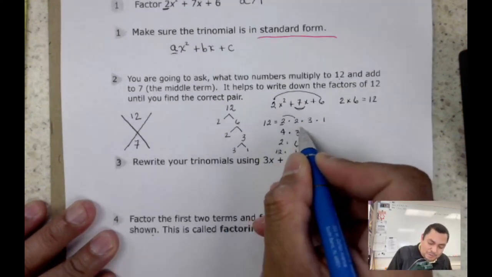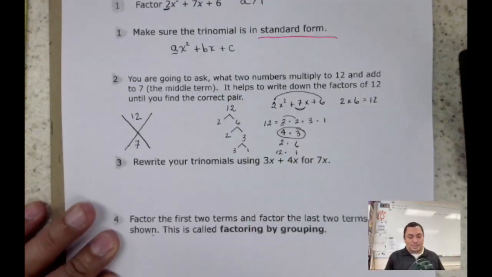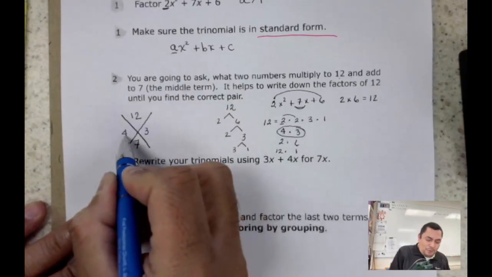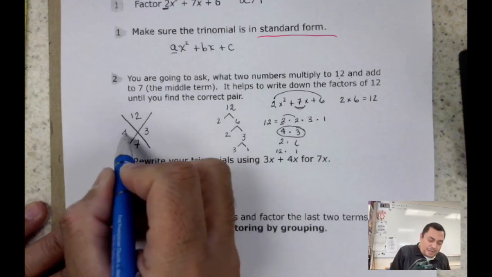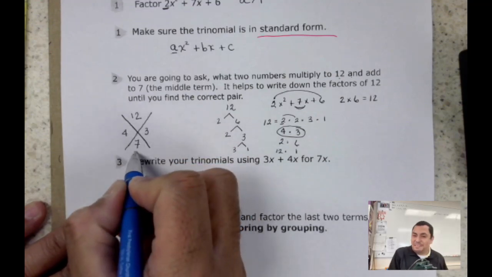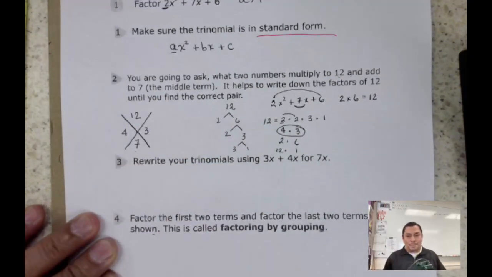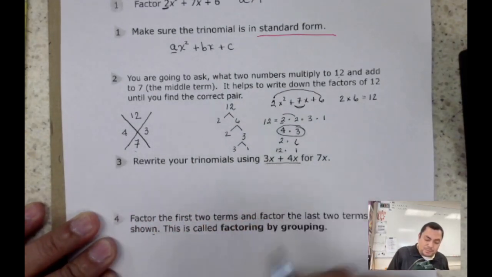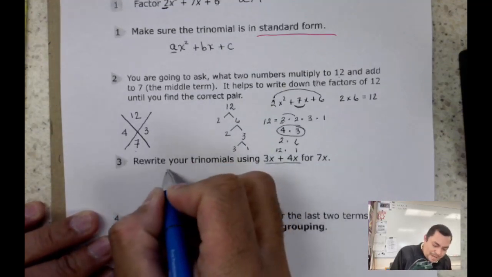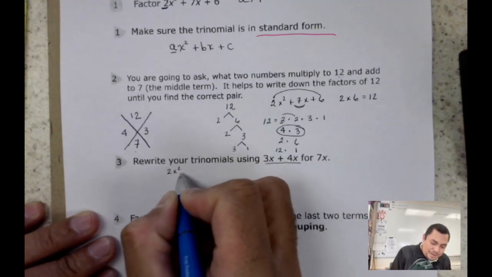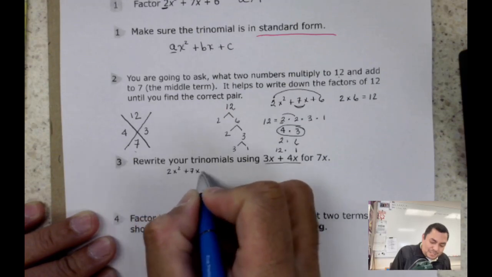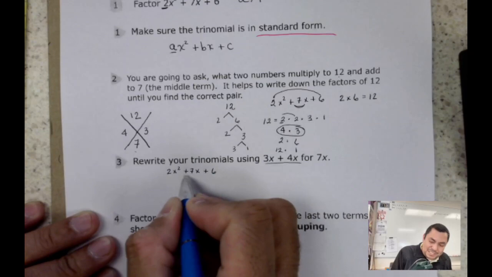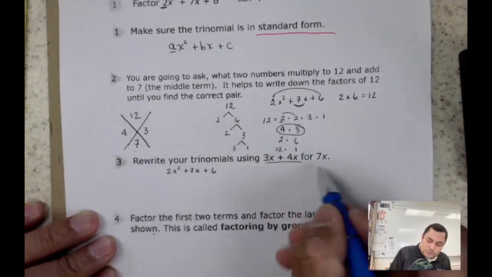So I'm going to start with the first one, and write 4 and 3. 4 times 3 is 12, and 4 plus 3 is 7. So what proceeds? We're going to rewrite your trinomial using 3x plus 4x. I have 2x squared plus 7x plus 6, and what I did was break down the 7x into two terms.